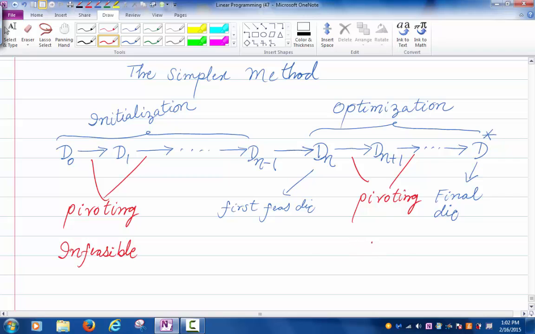So in the optimization step, all the dictionaries are feasible. For the moment, we are going to concentrate on the optimization step, and then we are going to speak about the initialization step later. For now, we are always going to assume that we are very lucky that our initial dictionary will be a feasible one. So we don't have to worry about initialization.